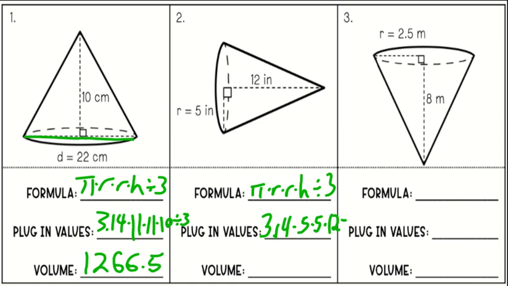Like we said yesterday, I know it's weird calling that the height, but it's going from the base to the point. So this one, despite what I just said, does work out to a whole number. Like I said, that doesn't happen crazy often, but it does happen.